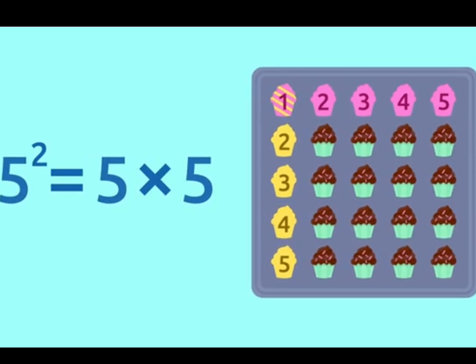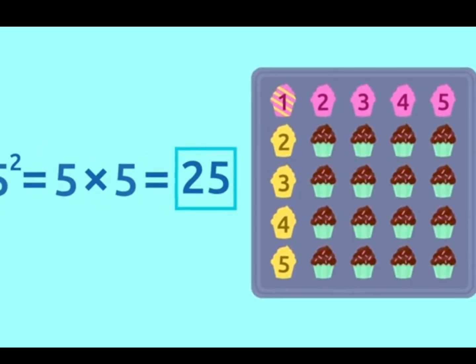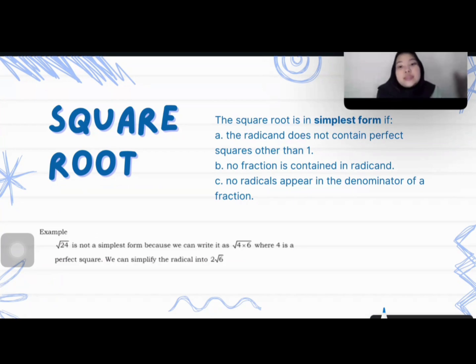If we square that number, we get the total of 25 cakes on the tray. The square root is in simple form if A, the radical does not contain a perfect square other than 1; B, no fraction is contained in the radical; and C, no radical appears in the denominator of a fraction.